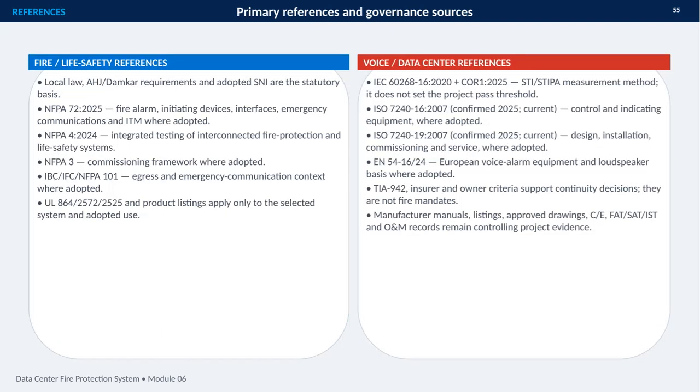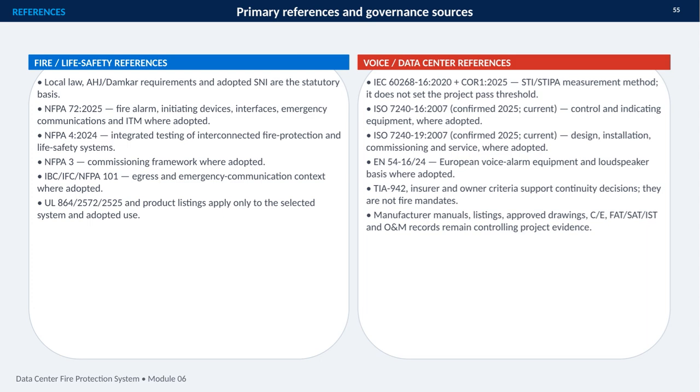This slide brings together the primary references and governance sources for the data center fire protection system. The starting point is always local law, the requirements of the authority having jurisdiction, or AHJ and DAMCR, and the adopted SNI standards. These establish the statutory basis for the project.